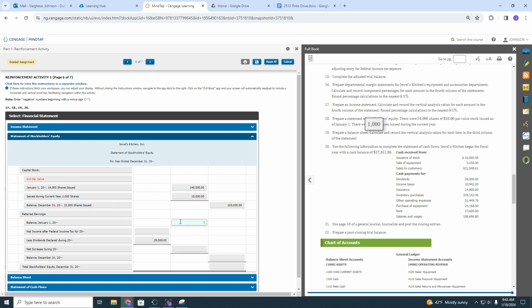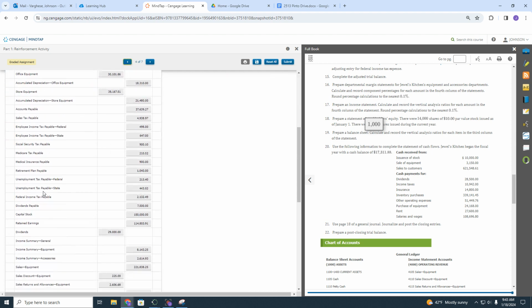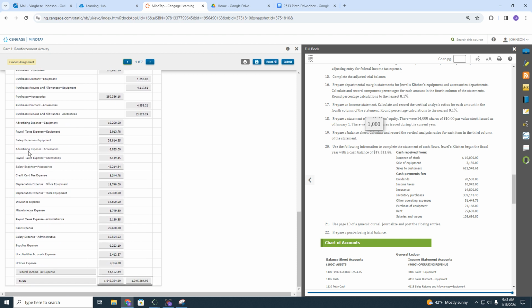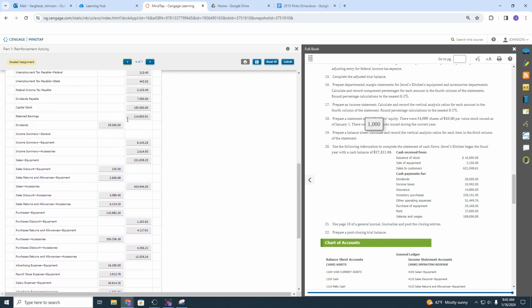So my balance here is going to be my retained earnings balance at the beginning of the year. So before, well, that's going to come from my adjusted journal entry too, because before closing entries. So retained earnings, where are you at? Here we are, 114,803.91.